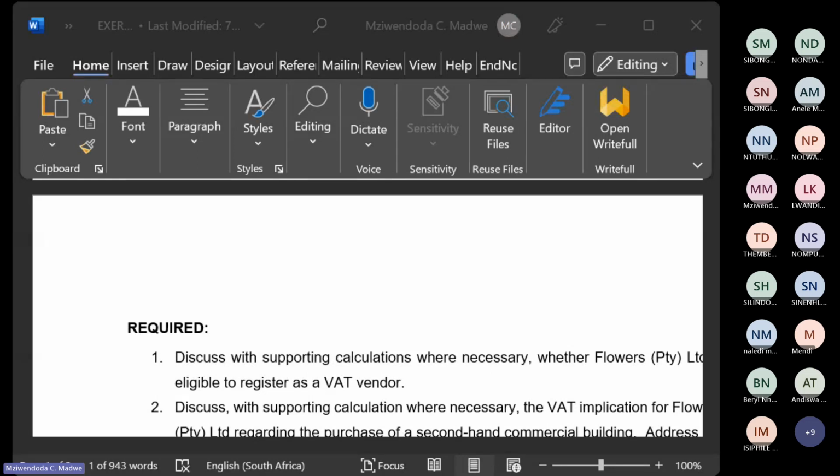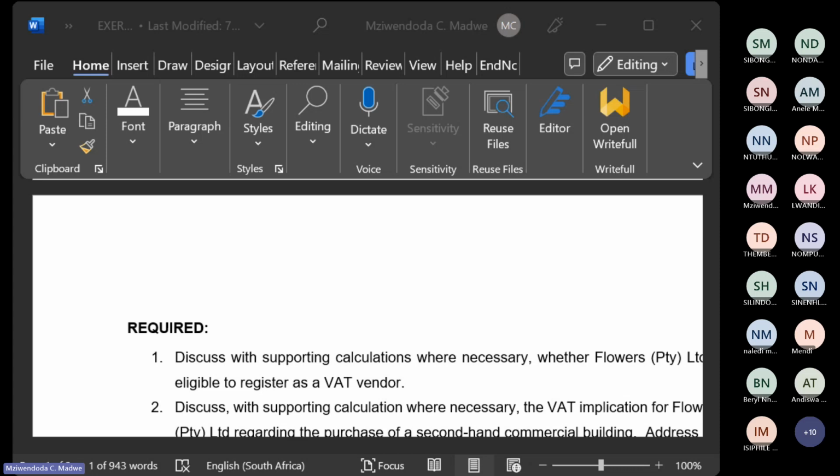The registration requirements are set out in section 23 of your VAT Act. So all the time, if you want to know which requirements you have to meet in order to register as a VAT vendor, you go straight to section 23 of your VAT Act. That is the first thing that you have to understand.